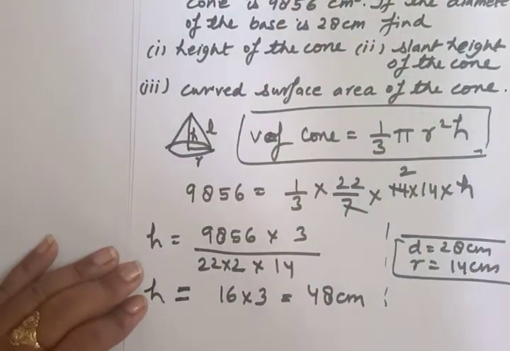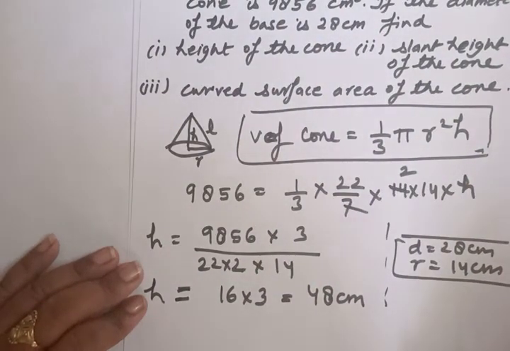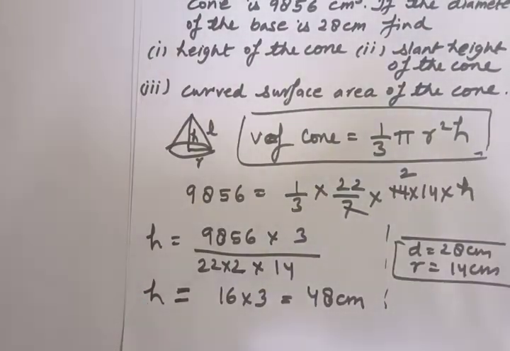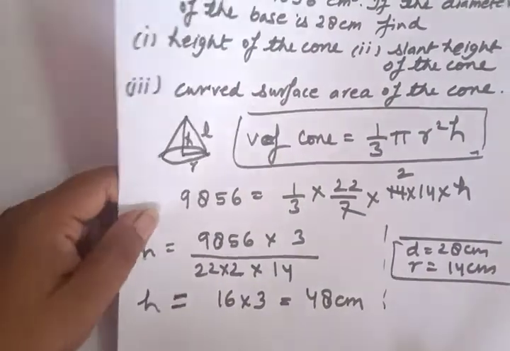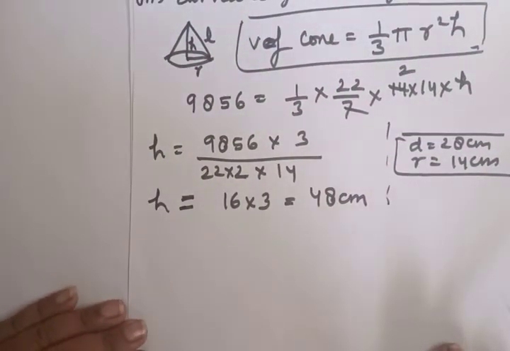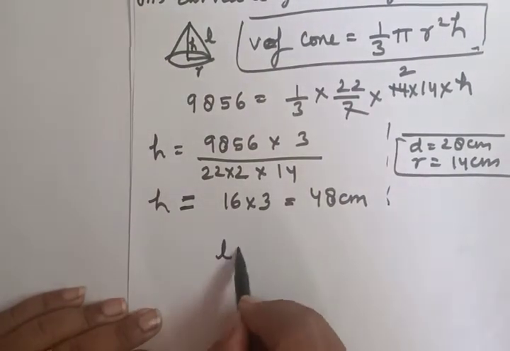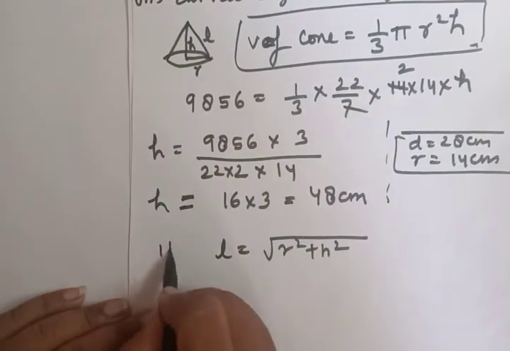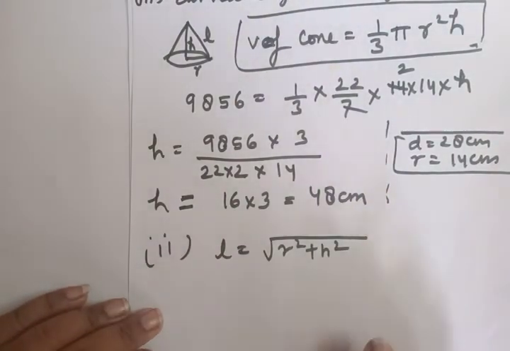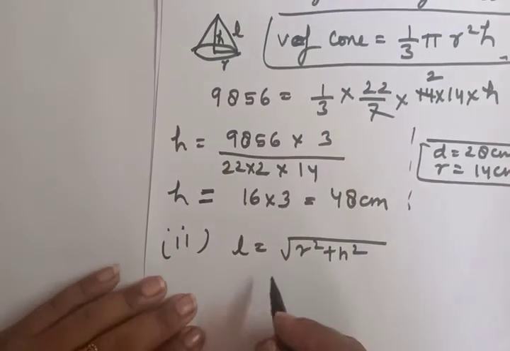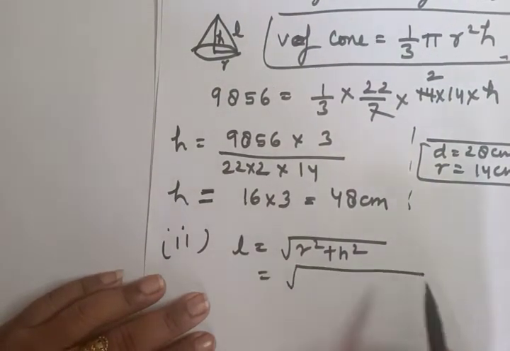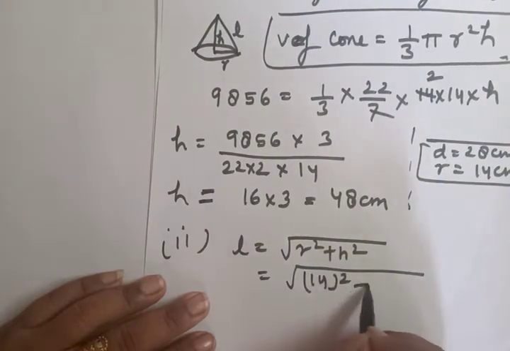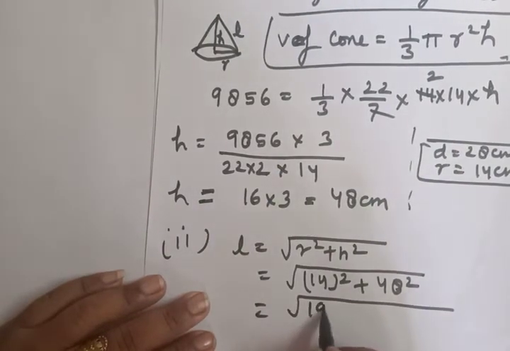Now come to the slant height of the cone. We need to find L. As we know, L is equal to the square root of r² plus h², and we already know r and h. So r is 14, squared, plus h is 48, squared, that is 196 plus 2304.